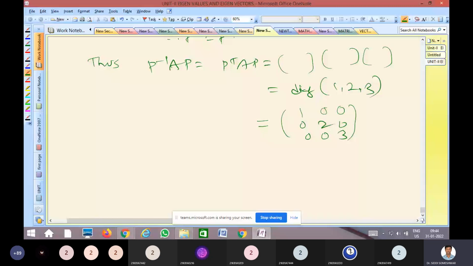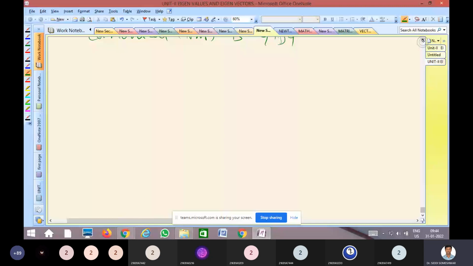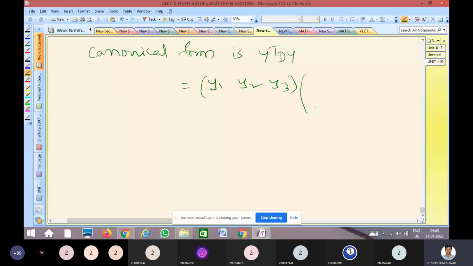Here the required canonical form is Y transpose DY, which equals y1 y2 y3 times the diagonal matrix 1, 0, 0, 0, 2, 0, 0, 0, 3 times y1 y2 y3.